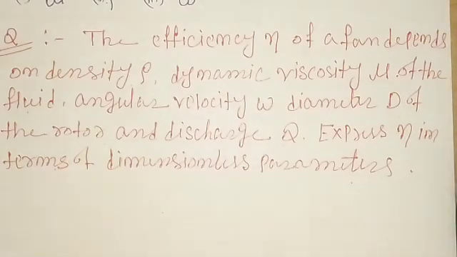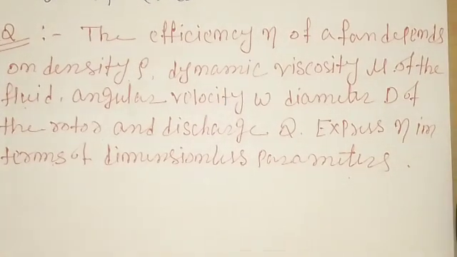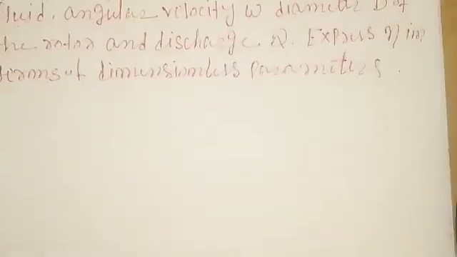So we have the efficiency of a fan, and you have to generate the relation for it. That efficiency depends on the density, dynamic viscosity, angular velocity, diameter of the rotor and discharge. We have to express eta in terms of dimensionless parameters.